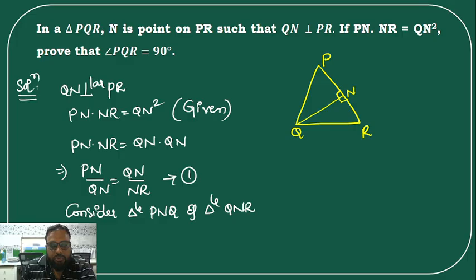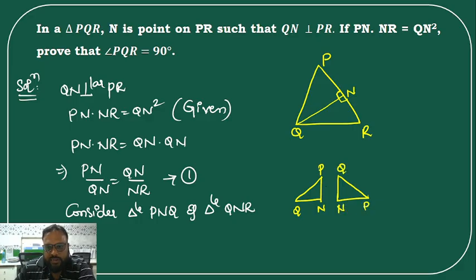Let us draw these two triangles here beside for our clarification, because here we have N as 90 degrees, so both will be right angle triangles. One is PNQ and the second one is QNR. It is already known that these angles are 90 degrees.